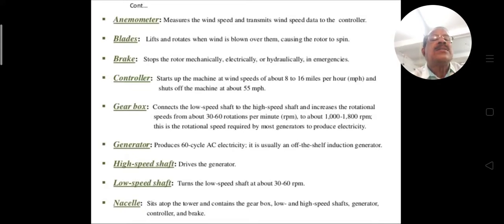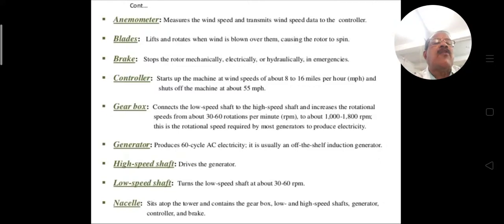And the gearbox. The gearbox connects the low speed shaft to the high speed shaft and increases the rotational speed from about 30 to 60 rotations per minute, that means up to 1 rotation per second, to about 1000 to 1800 RPM, rotations per minute.